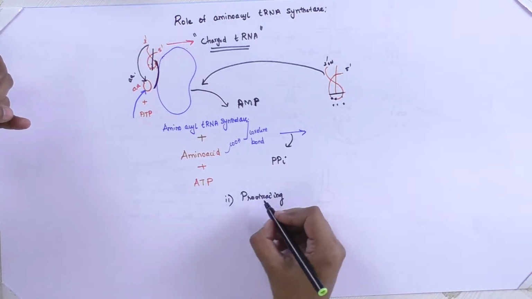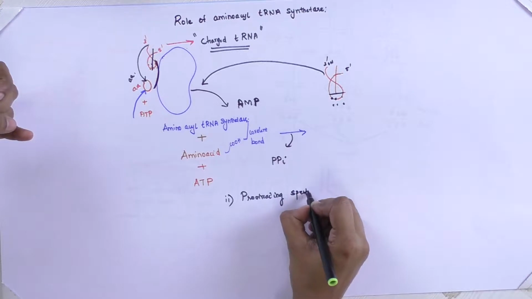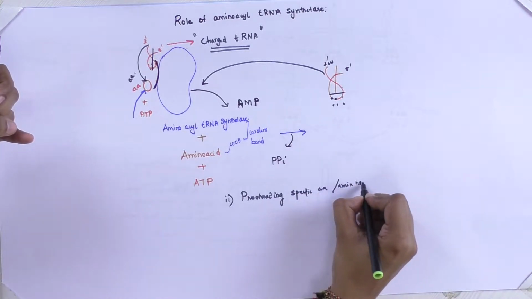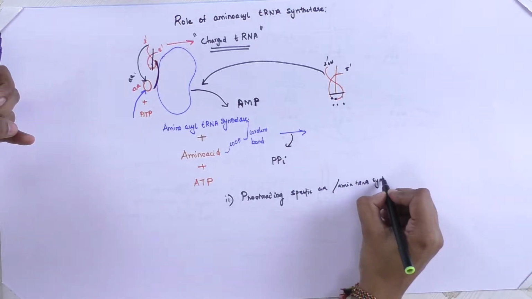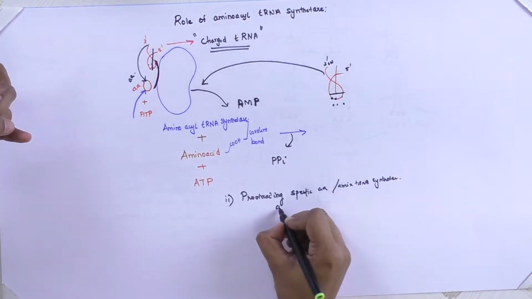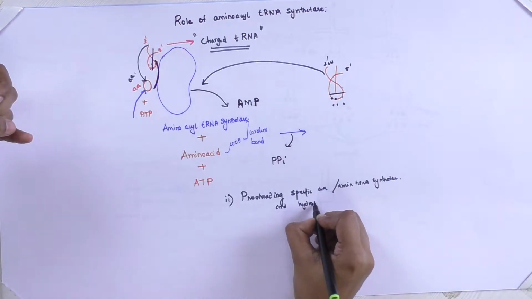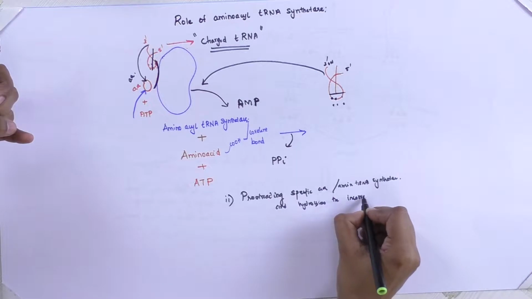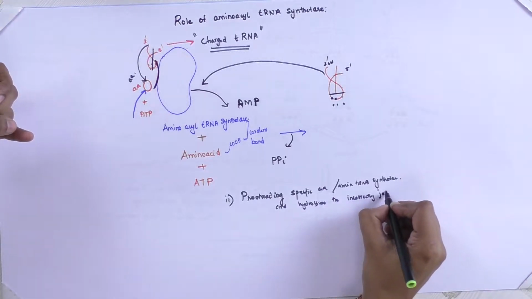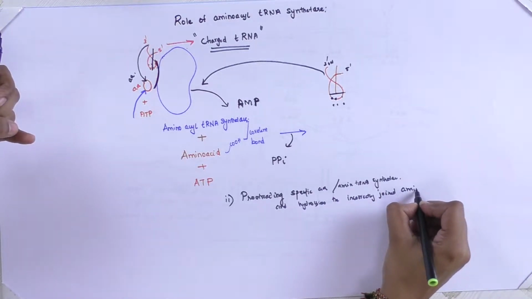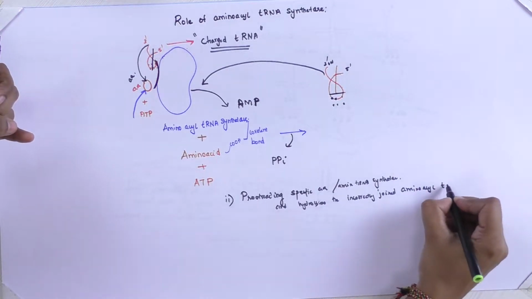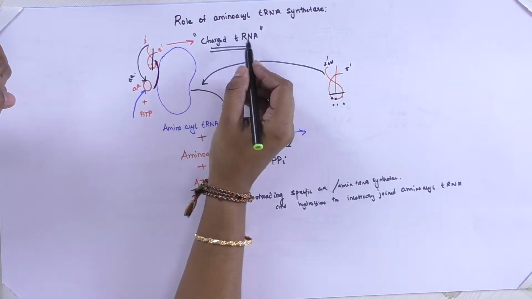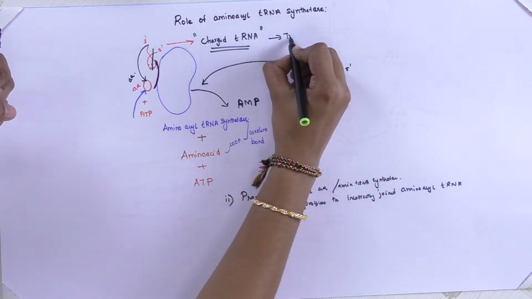It makes sure that only the specific amino acid comes and binds to the amino acid tRNA synthetase, and hydrolyzes the incorrectly joined amino acid tRNA. So it goes for proofreading and makes your charged tRNA for the further translation process.